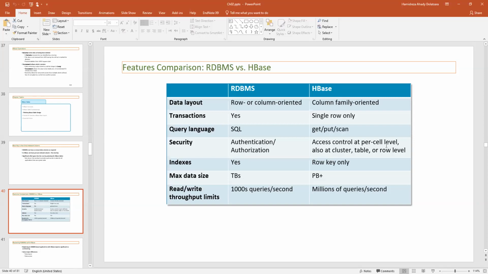So, just as a very quick differentiation, HBase is just for handling a massive amount of data that you just pile up. You just put the data, read the data, or at most scan and delete it. So the query is very simple because you don't do that many advanced interactions with your data.